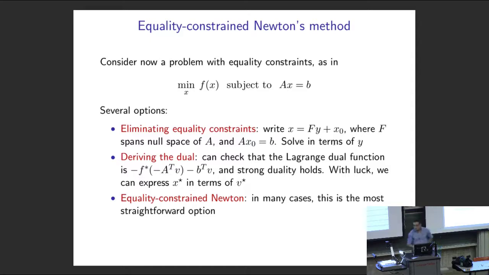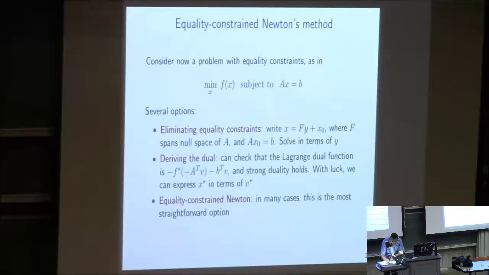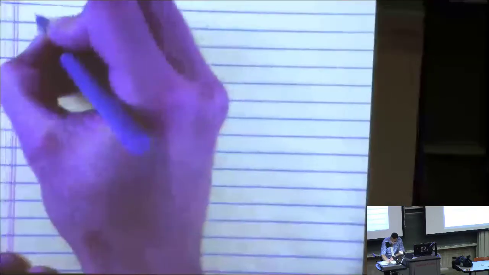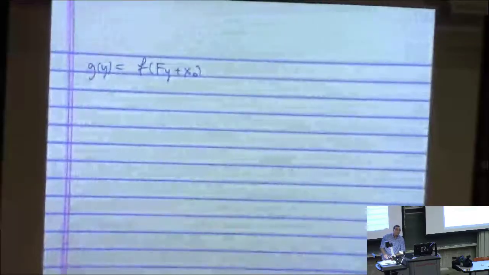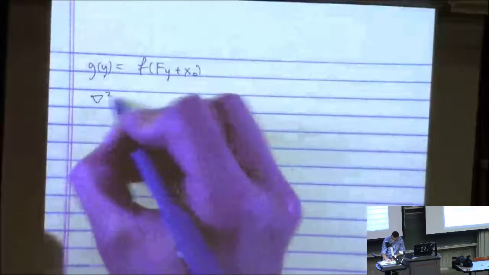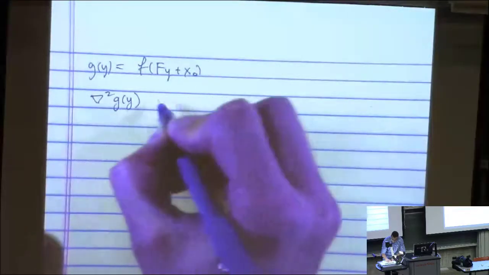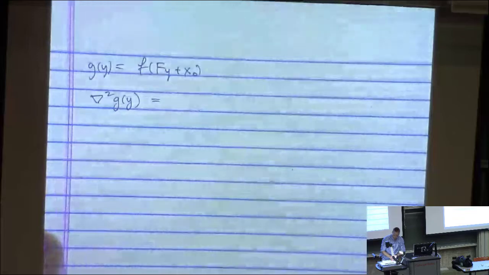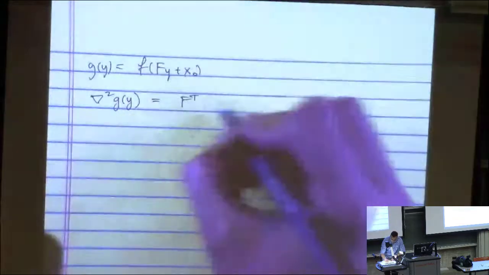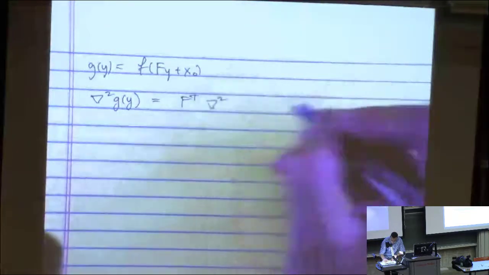Well, what would the Hessian be? Okay, if my function was f of Fy plus x0, if that was g of y, what would the Hessian be now? Okay, it's just the chain rule, and I'm going to assume everyone's shy because it's a Monday or something.